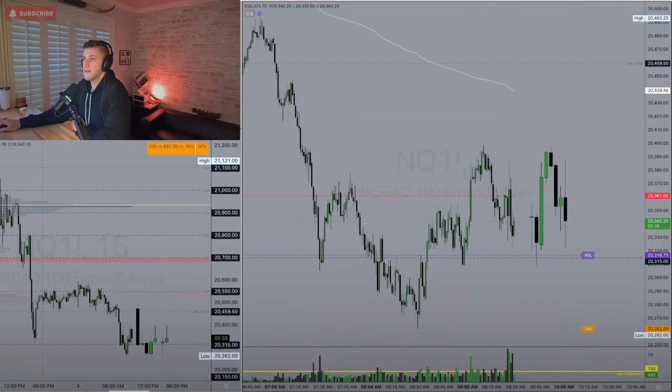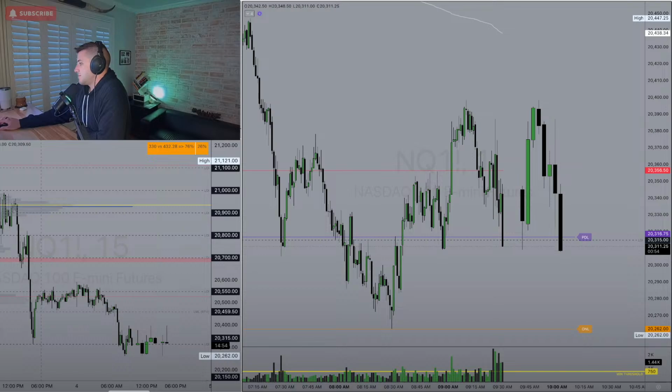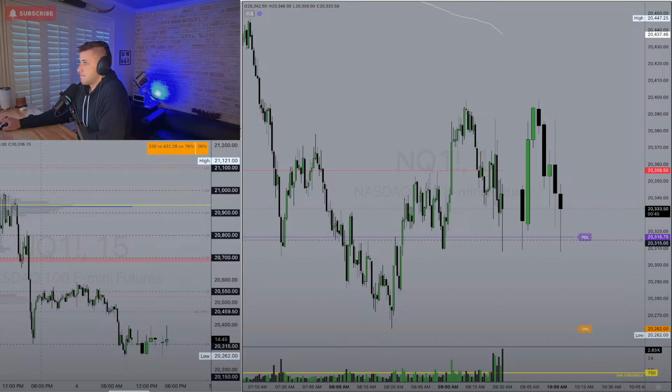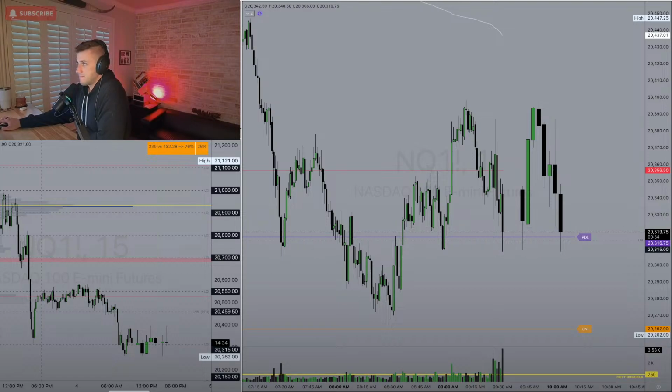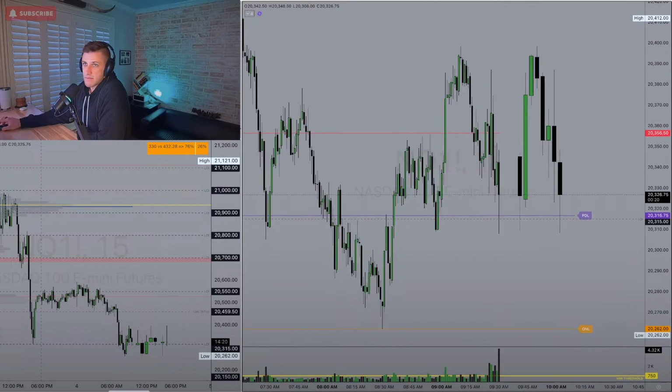See what we're looking at here on NQ. There's the open. NQ just sitting on the prior day low here, 315, main focus.